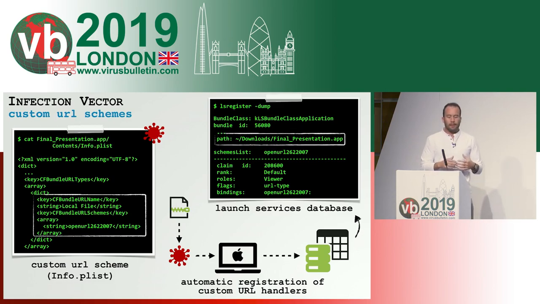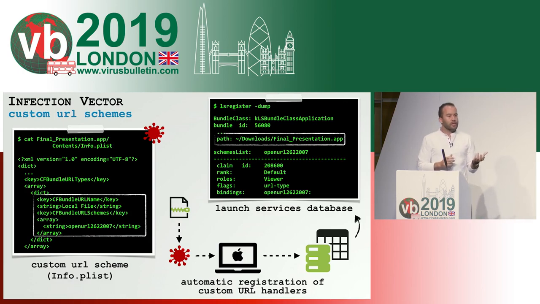So let's look at this a little more. If we take a peek at the malicious application, specifically we pull apart its app bundle and look at its info.plist file, we can see on the slide that there is a CFBundleURLTypes array, and within that there is a custom URL scheme, OpenURL 2622007. This is basically telling macOS, hey, I support a custom URL scheme, which, and this is important, macOS will automatically register.